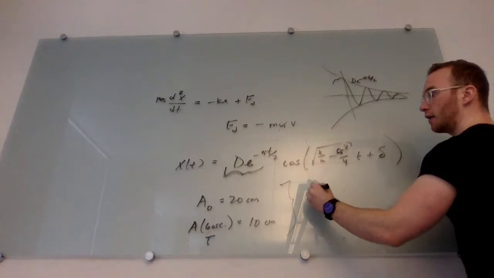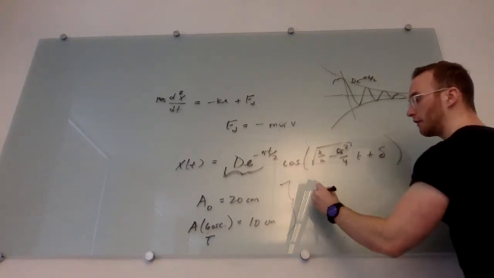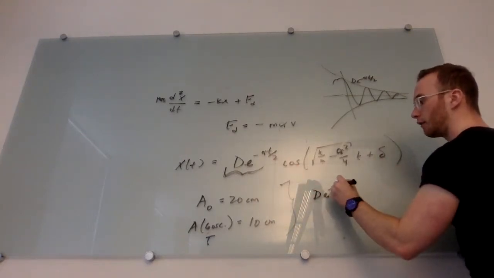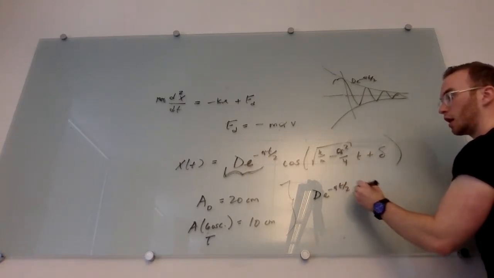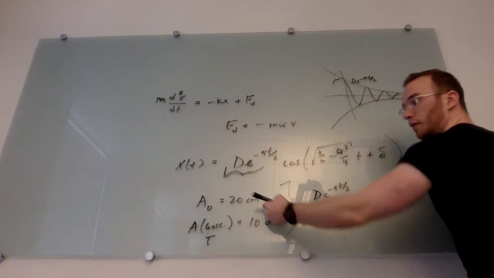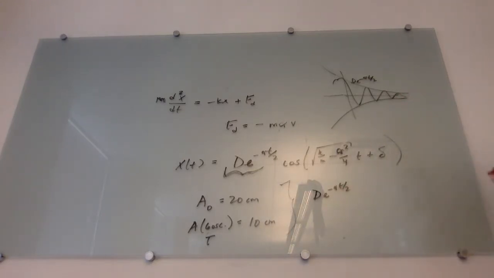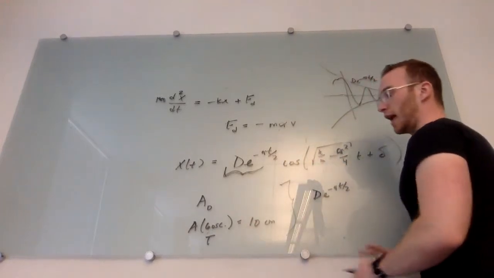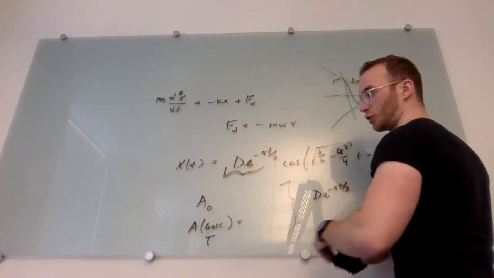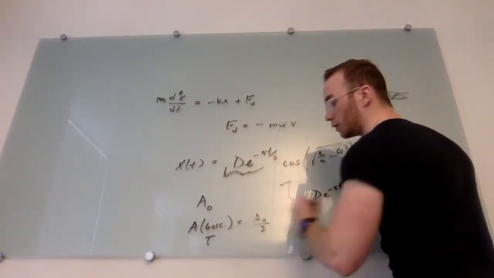But I know that the amplitude is always given by d e to the minus alpha t over 2. Now, at 0 time, it was 20 centimeters, and I'm just going to call this A naught. And at this point, it's actually half of that, so I'm going to call this A naught over 2.